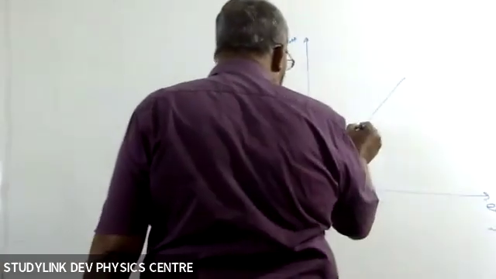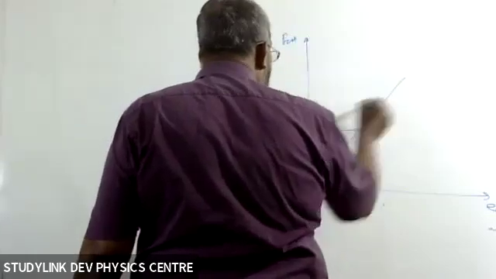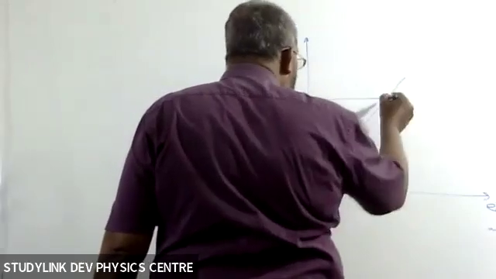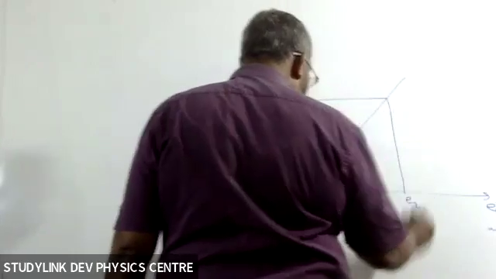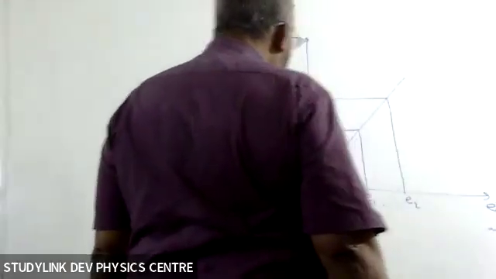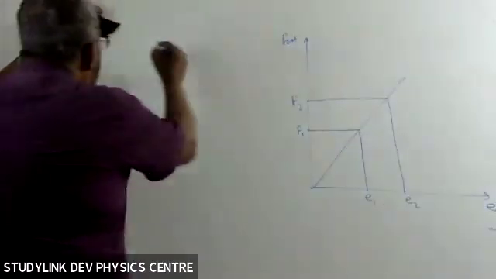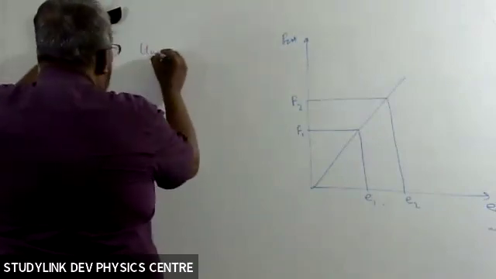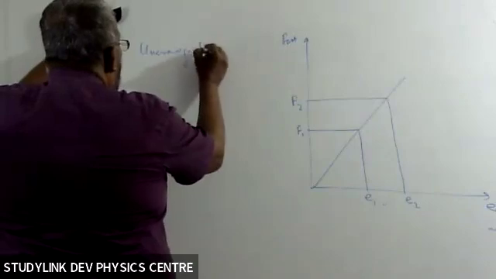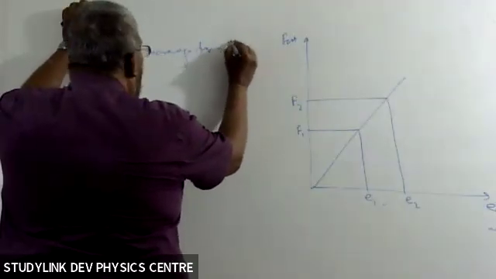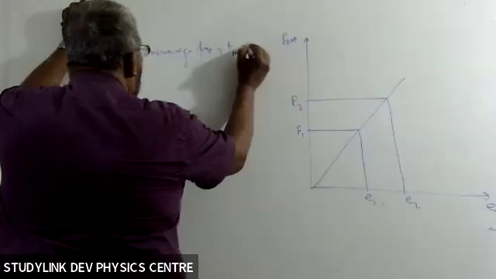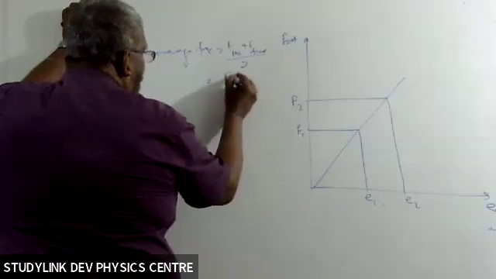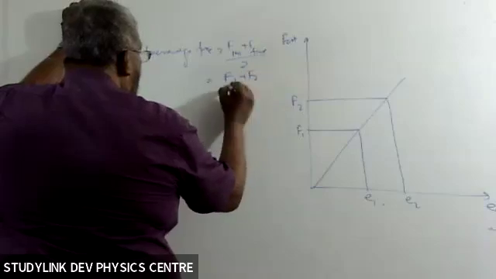We considered two places: here F1, here F2, with related extensions E1 and E2. Now, the average force is initial force plus final force divided by 2, F1 plus F2 divided by 2.